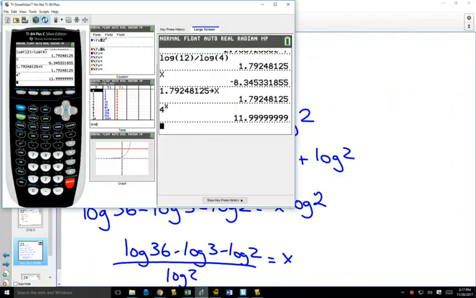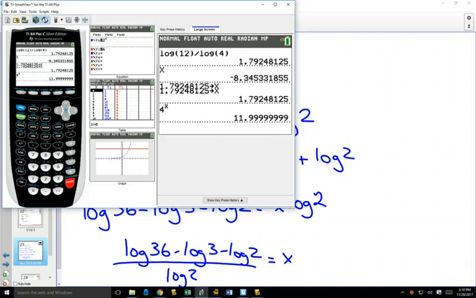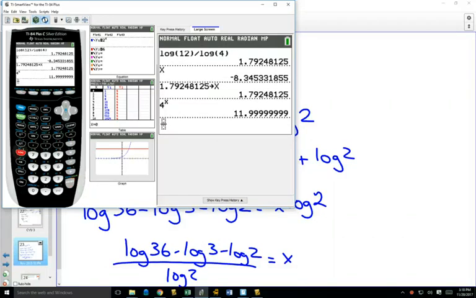So we can check, did we make any mistakes along the way? I'm going to use my fraction button here. Log 36 minus log 3 minus log 2 divided by log 2.